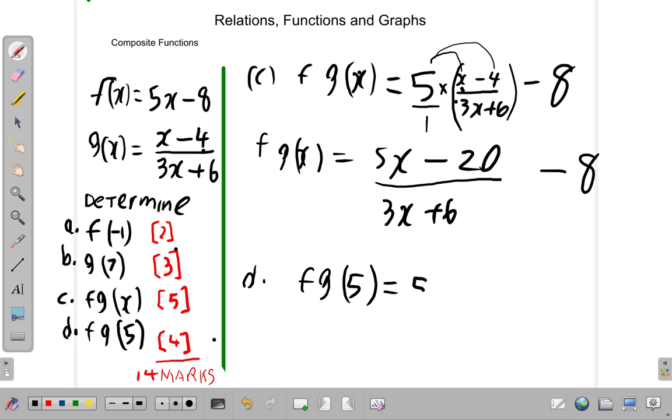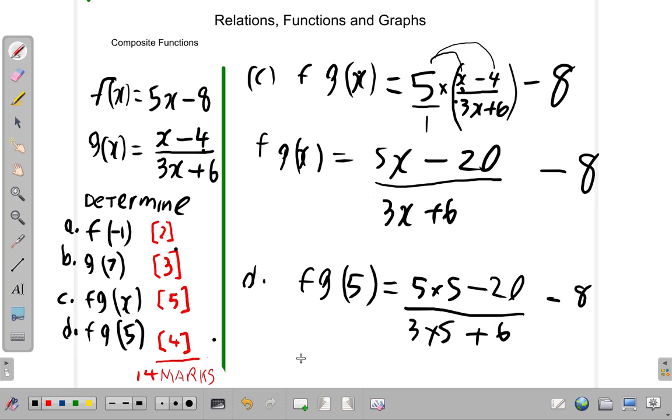So it's going to be 5 times, not x now, it's going to be 5, this, fg of 5, minus 20, all over 3 times x. This is fg of x, to give you the 3 times x, but we have fg of 5, so it's going to be 3 times 5, plus 6, minus 8 here.